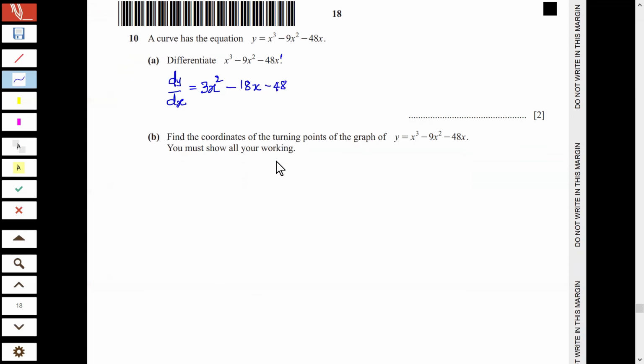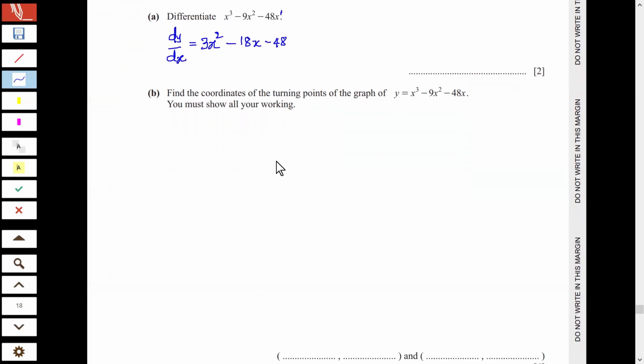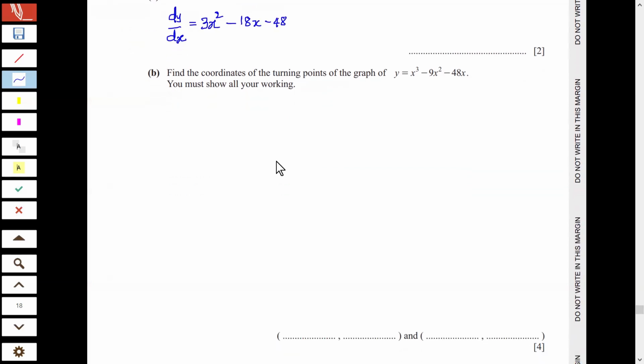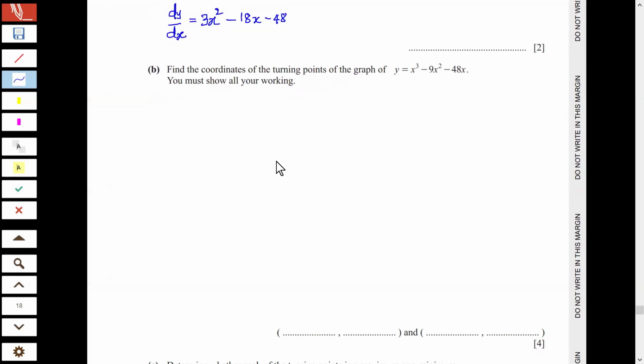Now question B, we're told to find the coordinates of the turning point of the graph y equal to x to the power of 3 minus 9x squared minus 48x. You must show all your working. Now the turning point is where the dy dx is equal to 0, the stationary point or turning point.